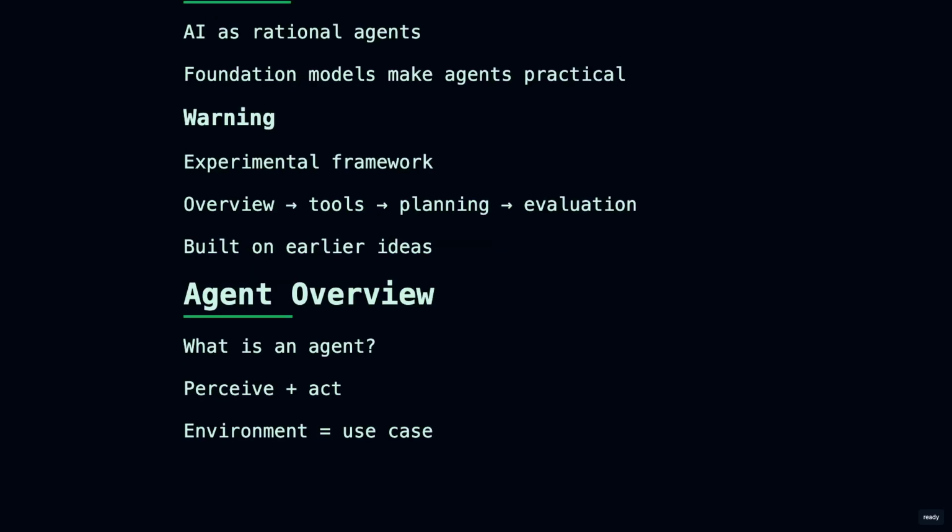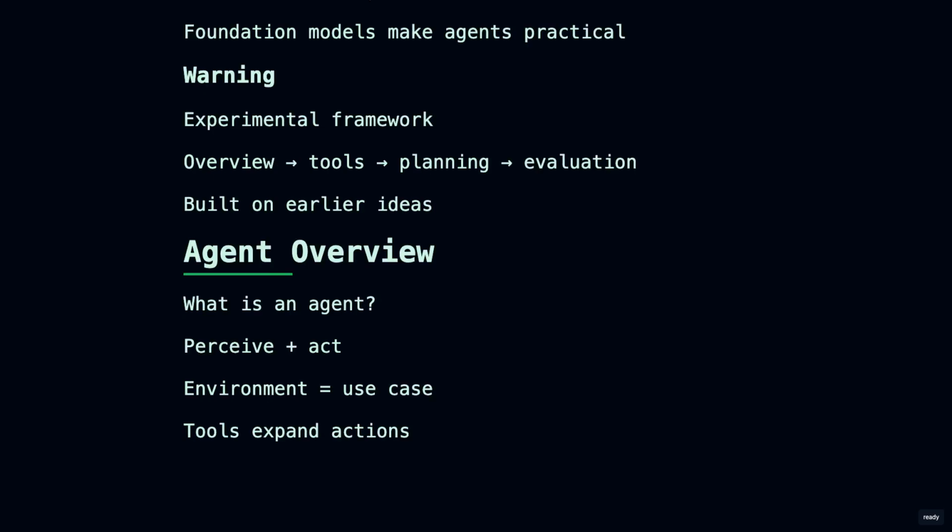The environment is determined by the task. For a game agent, it is the game world. For a scraper, it is the web. For a robot, it is the physical setting it operates in. In modern AI systems, tools enlarge the action set.